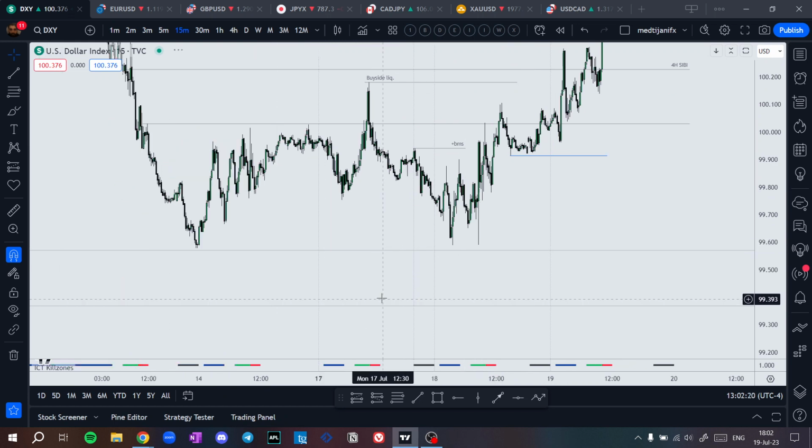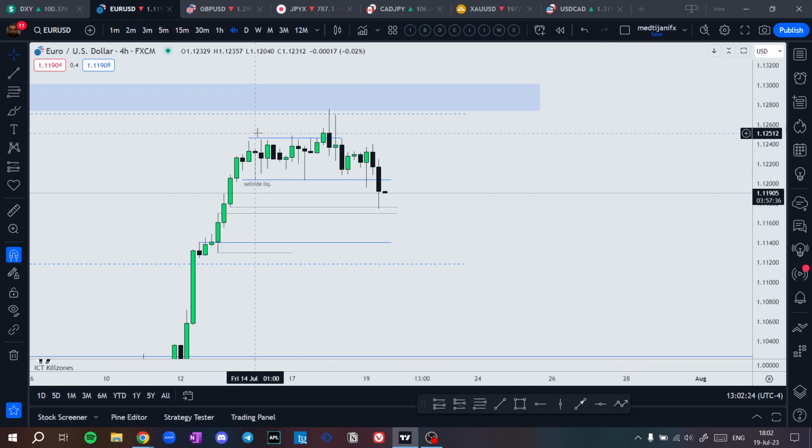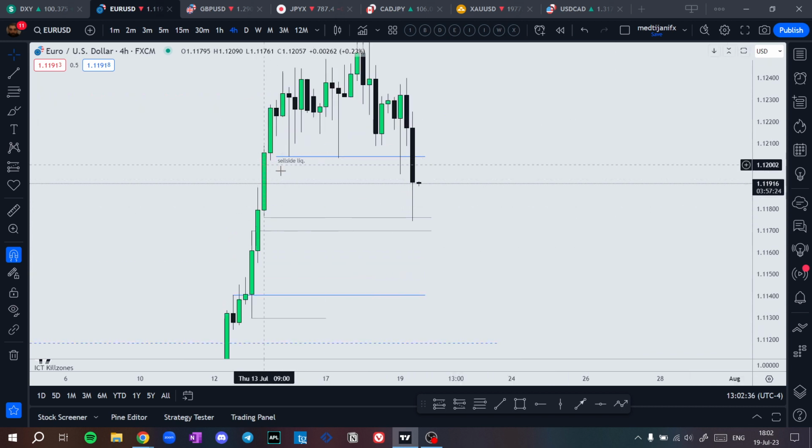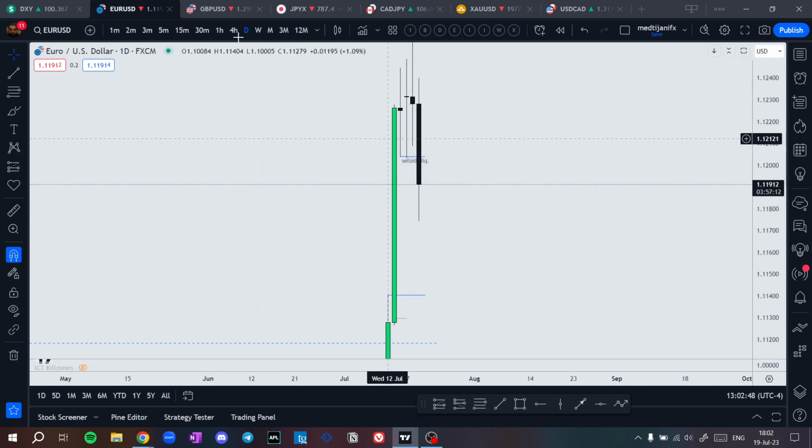So we had an SMT divergence between the dollar and the euro that is confirming bearishness for the euro. Price is going to drop lower, at least to check this sell side liquidity, these equal lows, then drop lower to fill this 4 hour FVG that is inside the big 4 hour on the daily time frame, right?